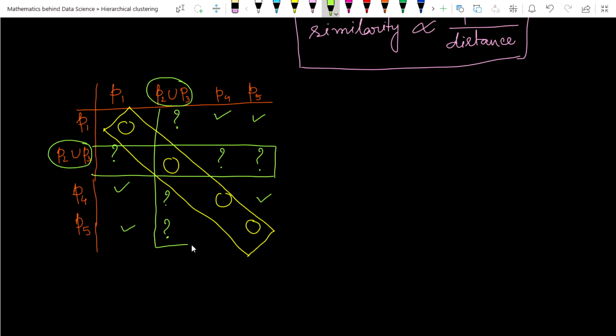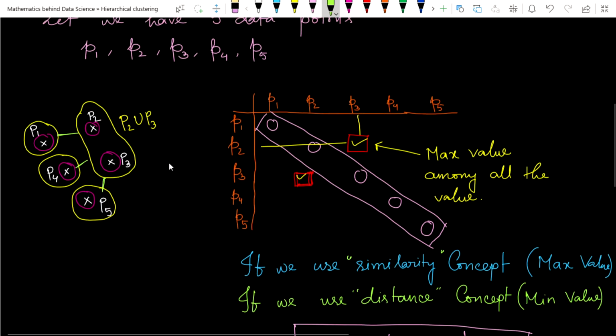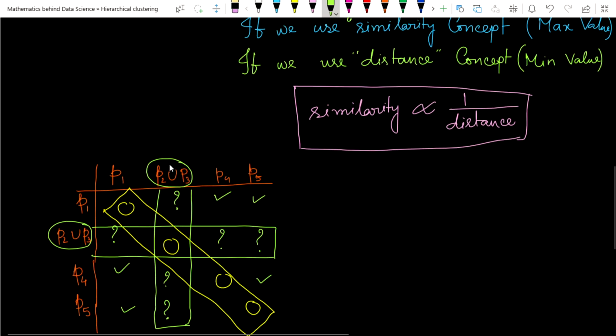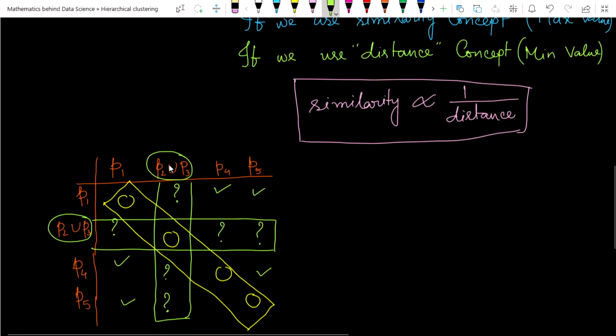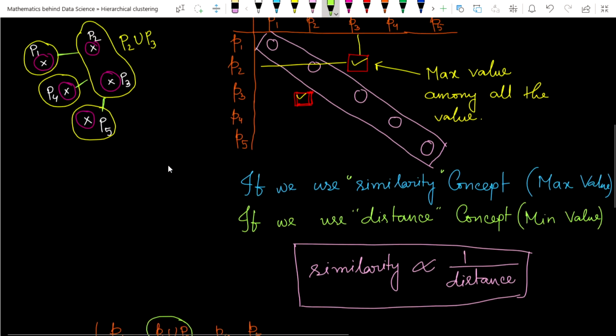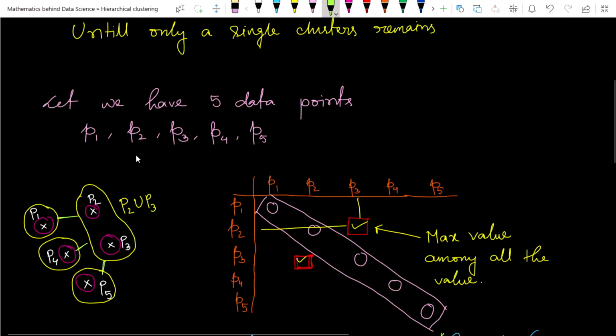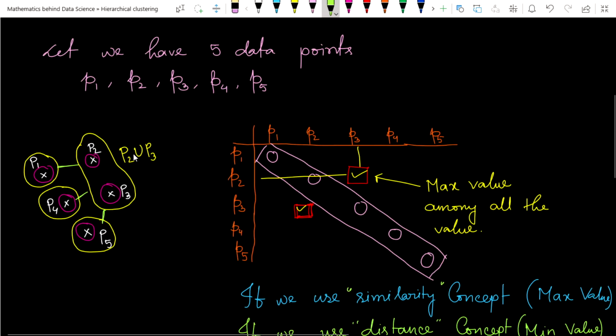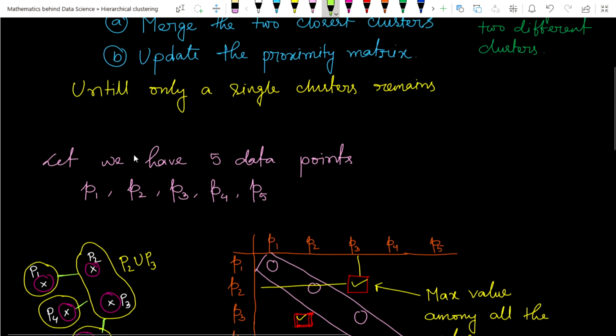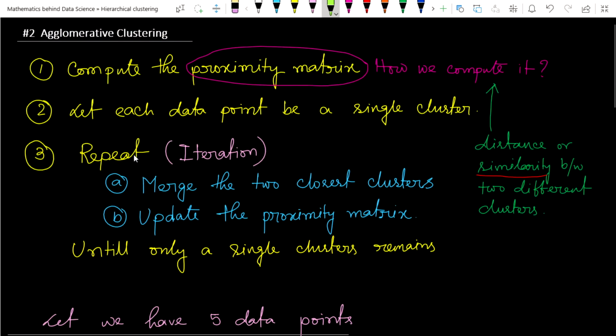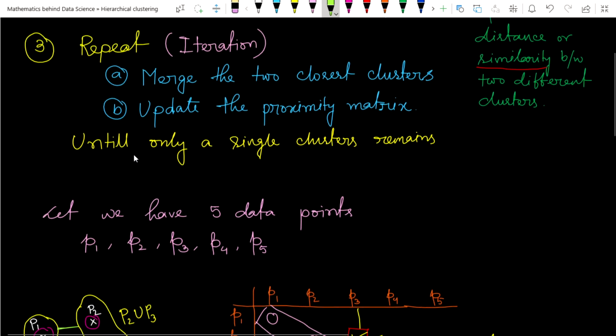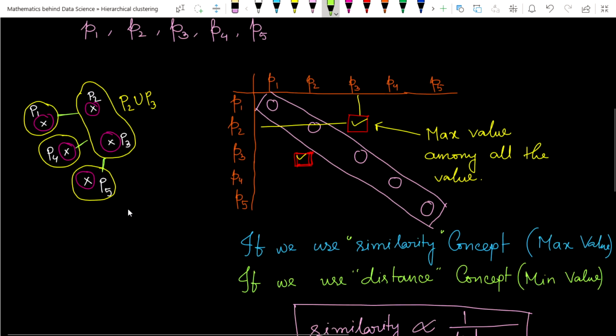What will this value be? This is the big question. If we calculate it, then we will repeat the same thing, build the proximity matrix again, and based on these proximity values, we will make our clusters. But how will we compute this? That we will see in our next video. I think from this video you will understand how to compute this.